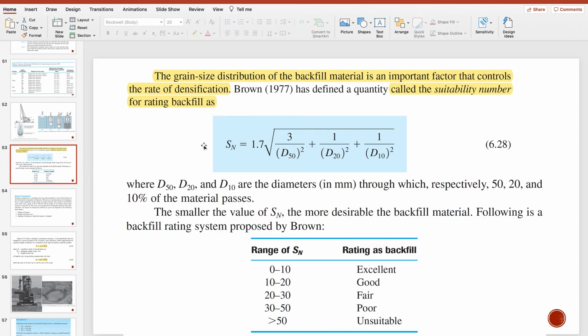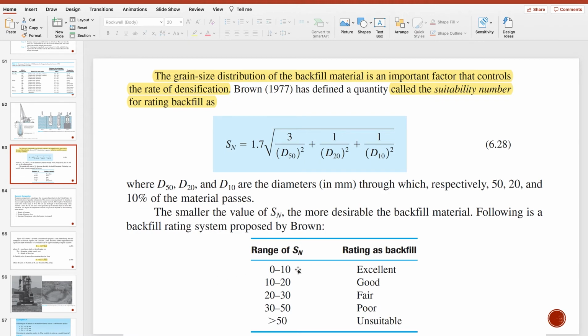So the suitability number is equivalent to 1.7 times the square root of 3 divided by D50 squared plus 1 over D20 squared plus 1 over D10 squared. D50, D20, and D10 are the percent material diameters. Okay? Kung ilang percent yung materials na yun na retain sa diameter na yun.